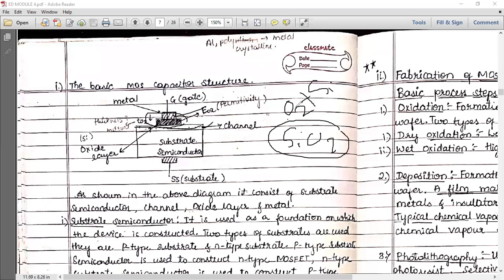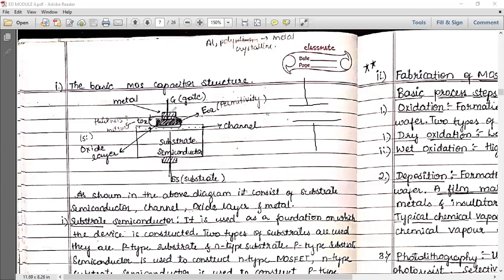We know that a capacitor has two plates like this. The upper plate is connected to one terminal, the lower plate is connected to another terminal, and in between is the dielectric medium. The same thing can be observed here. This oxide layer acts as a dielectric medium, one side is connected to the gate, and the other side is connected to the channel.